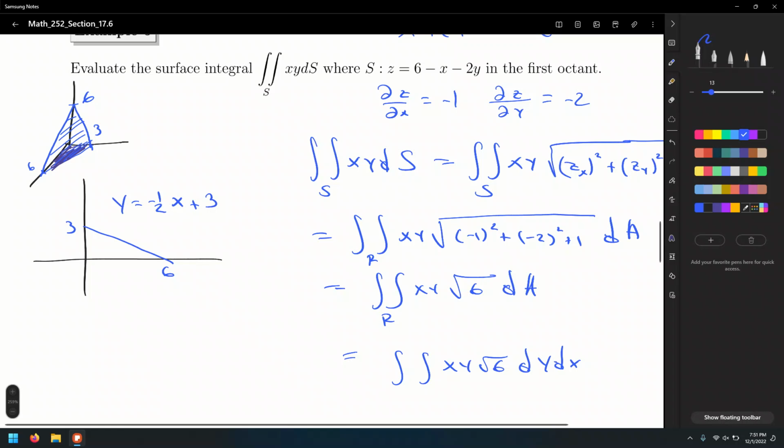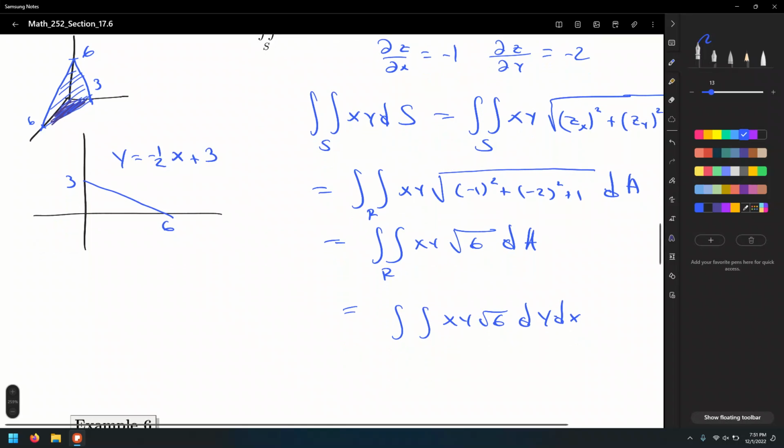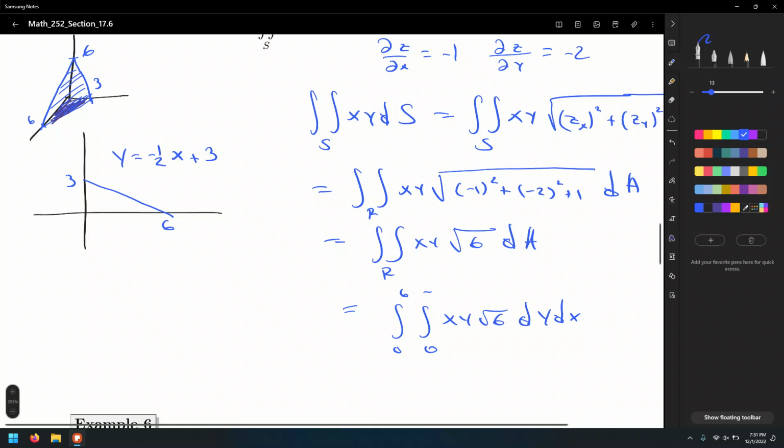For the limits of integration with respect to x, that's going to go from 0 to 6, and in the y direction from 0 to -1/2 x plus 3. So that's the setup of the integral, and evaluating this integral should result in 13.5 root 6.